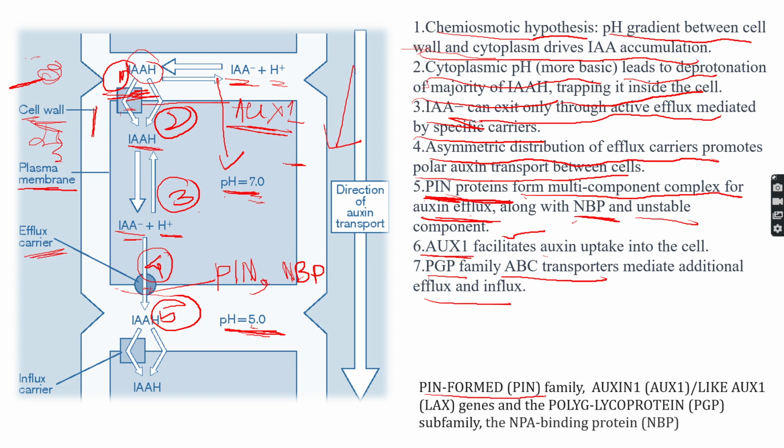AUX1 is basically auxin 1, and another one is LAX, that is like auxin 1 genes. Then another group, as I told, is PGP. The full form is P-glycoprotein subfamily, and another is NPA binding protein, that is called NBP, and the other I told is ABC, which is ATP binding cassettes.